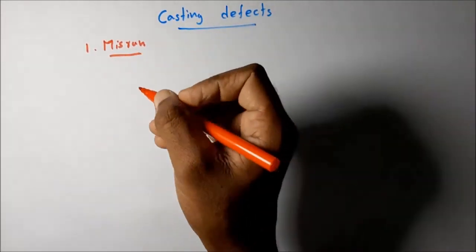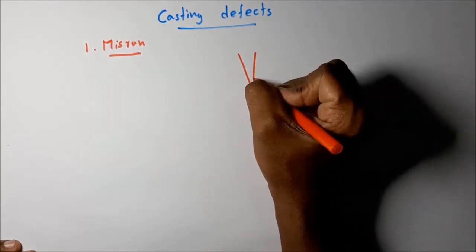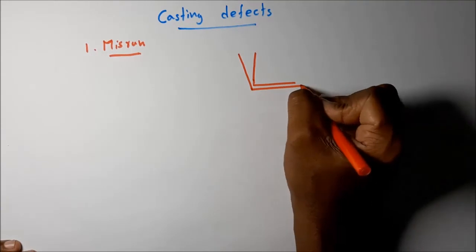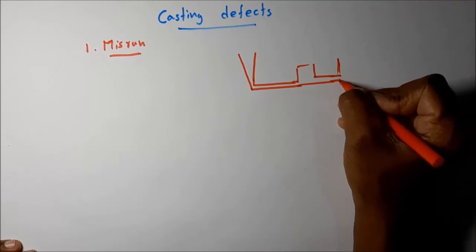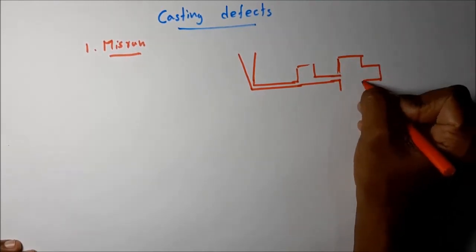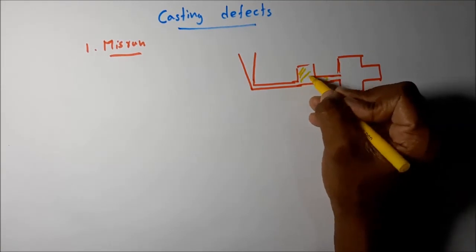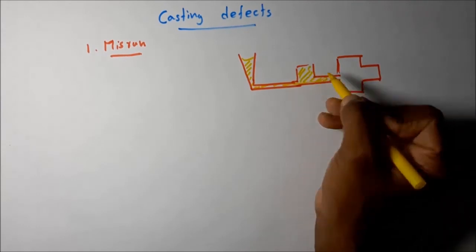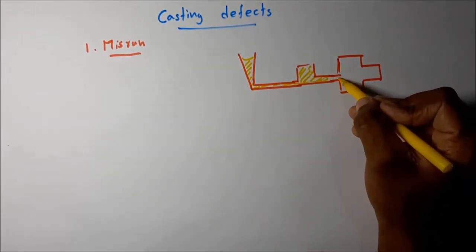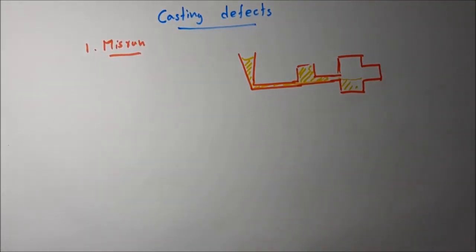Misrun means this kind of thing. Let's take the riser, and then this is the cavity area. Without filling the cavity, the metal solidifies inside the runner. That means without flowing into the cavity or without filling the complete cavity, it may solidify inside.